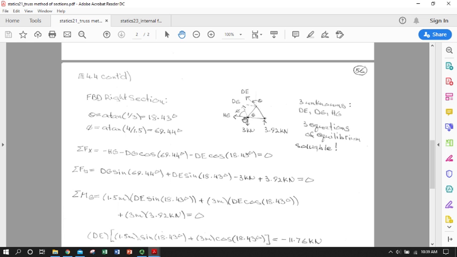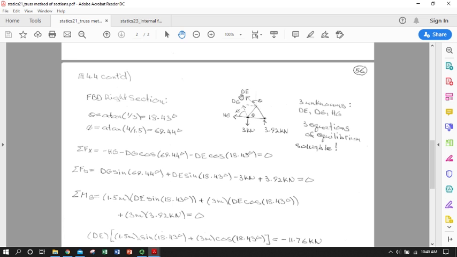So you can see I don't have a lot of the intact truss here, but I do have one triangle. I have the right-hand support reaction. I have one applied load, and then I have 1, 2, 3 unknown forces representing the force in members DE, DG, and HG, and I have their orientations because I can use the truss geometry to get the angles phi and theta.